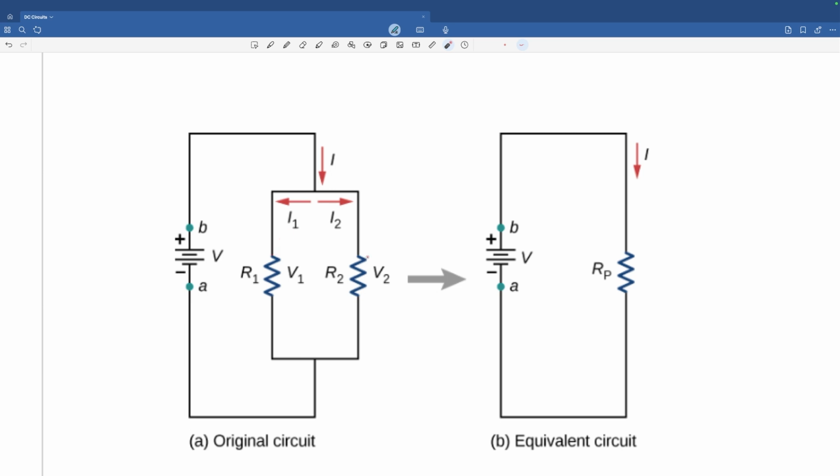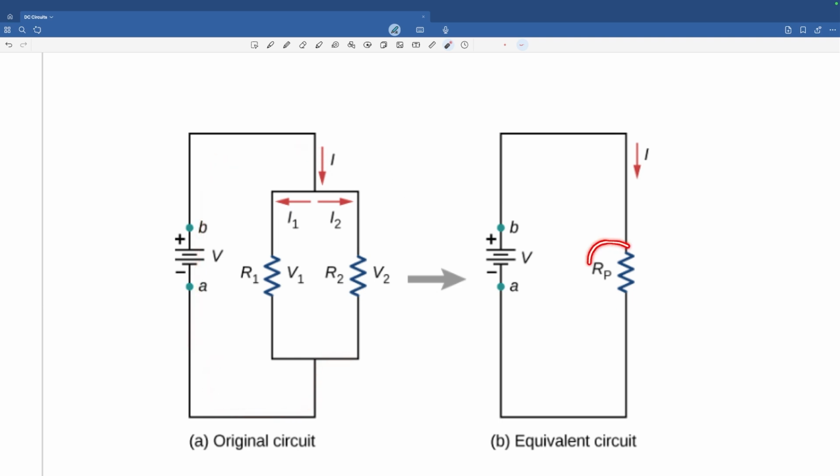So that means the bigger chunk of the current, or the bigger part of the current, will flow through the smaller resistance. The bigger part of the current will always flow through the smaller resistance. And then they will come back and recombine, and then they will flow through the battery and the circuit will be completed. Okay.